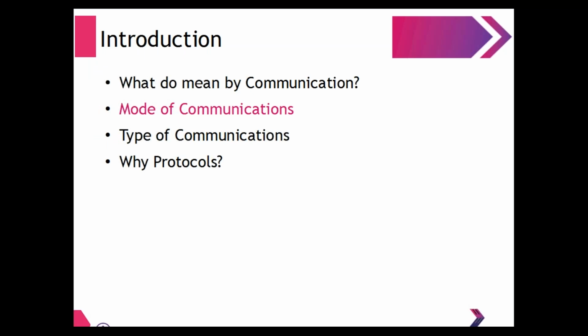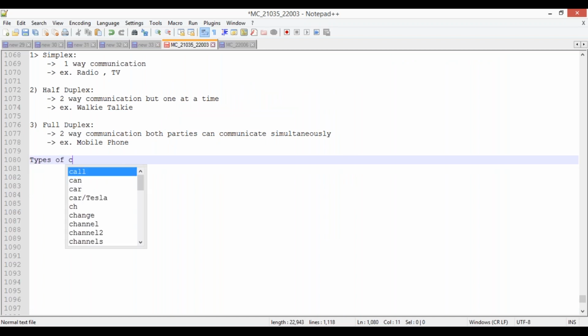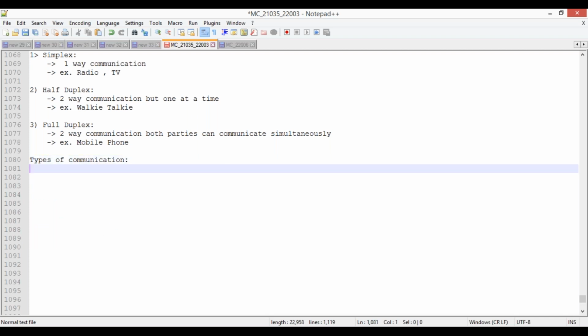Okay, then the next question is about different types of communication. What are the different types of communication? So guys, can you please try to answer this question? Modes we saw. Now we are talking about the different types of communication. What are those?